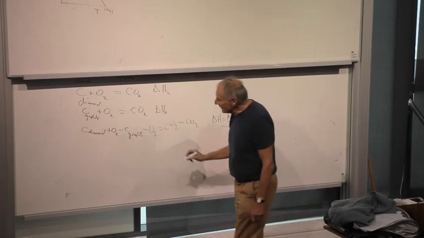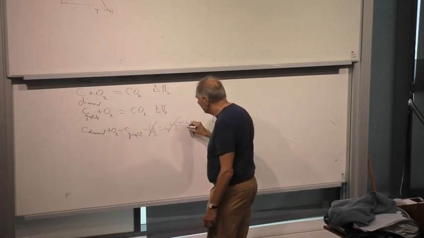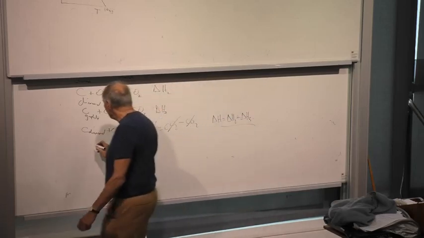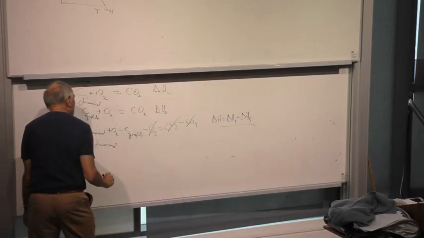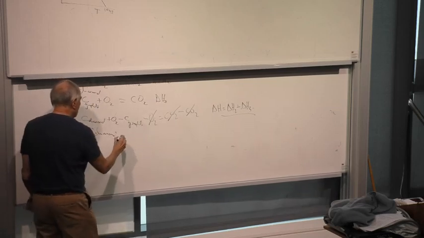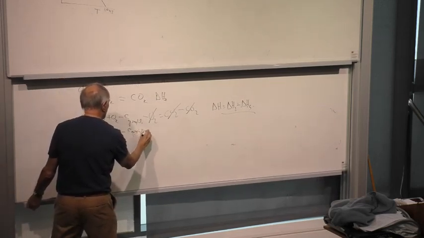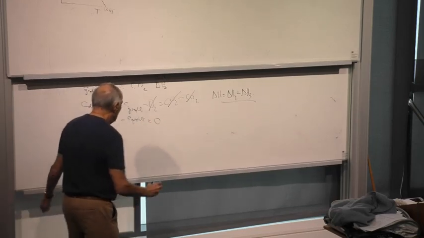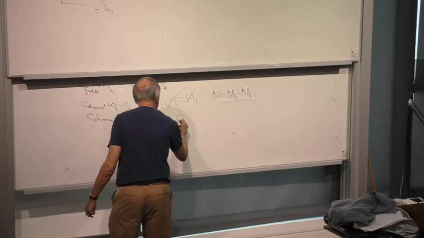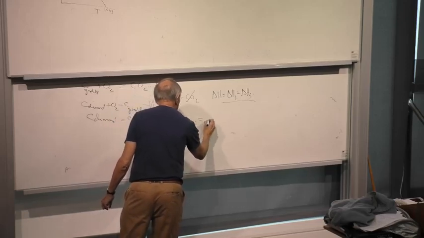And what this means is that if we cross out things which disappear, we just have C diamond minus C graphite equals 0, or C diamond equals C graphite.